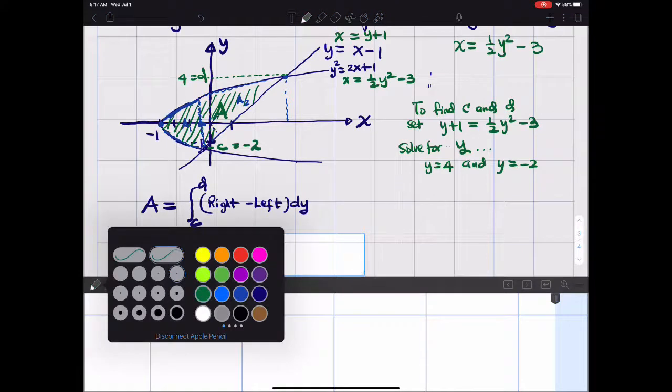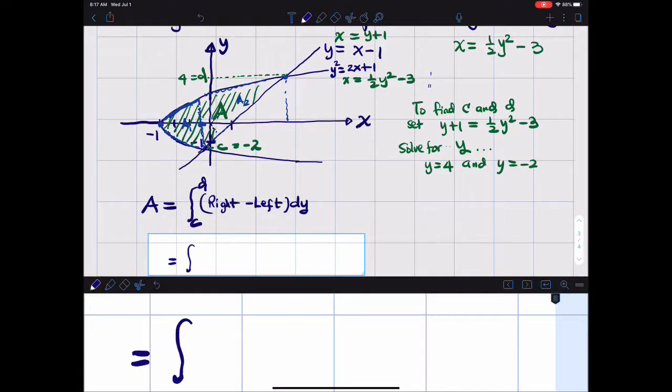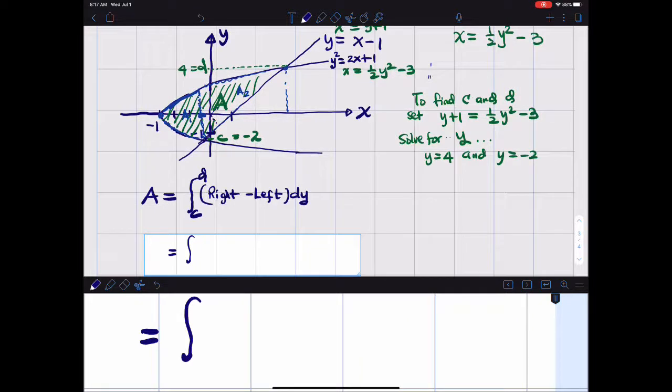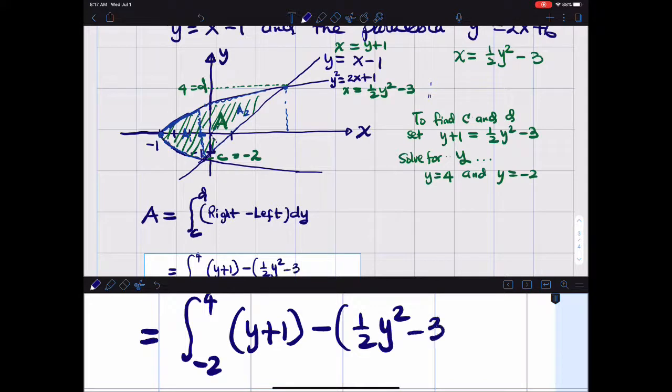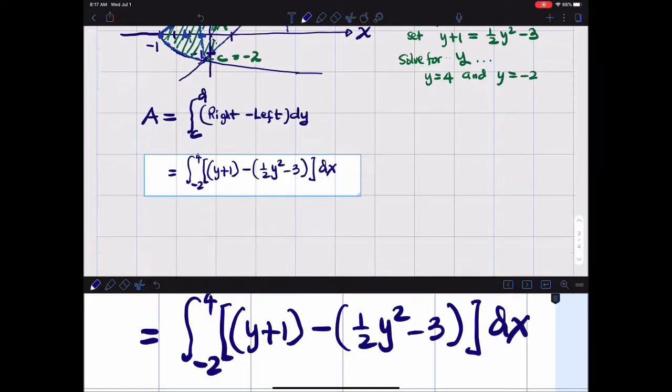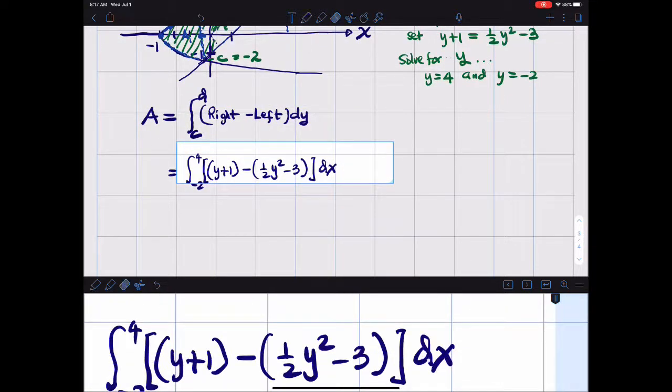All right, so our integration is just going to be the integral from -2 to 4 of the right function, which is now y plus 1, minus the left function, 1/2 y squared minus 3, dy.